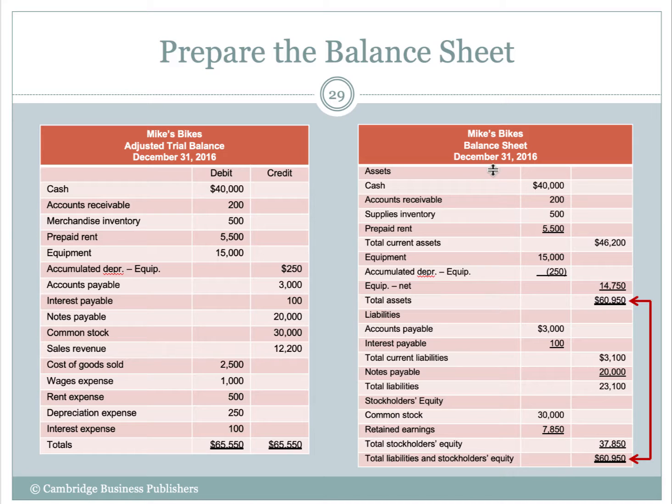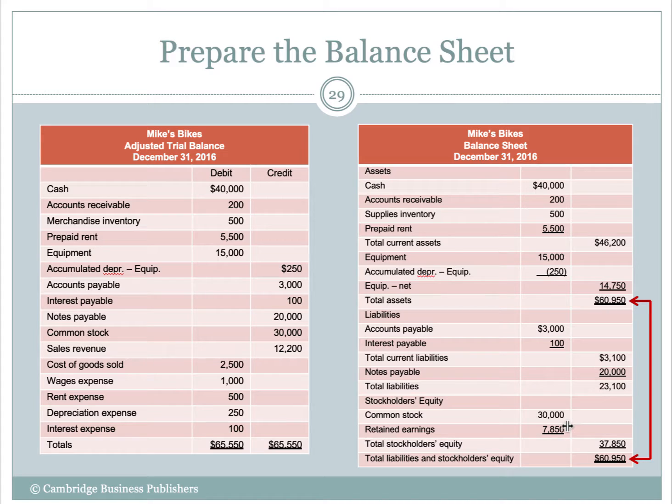Okay, if we did a balance sheet for December 15th, guess what? Our cash balances would be a lot different. Okay, so very important that we recognize the balance sheet is just a specific date and time. That's it. Okay. Very important. Assets. Notice our total assets here are $60,950.